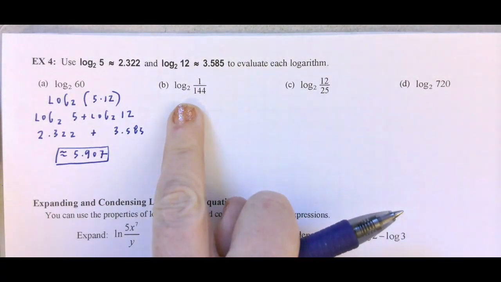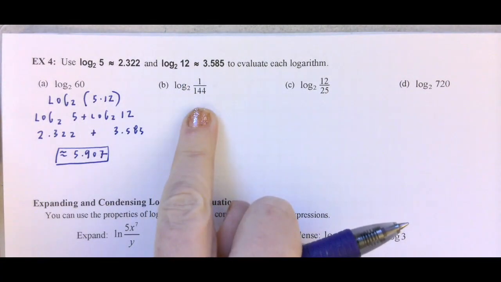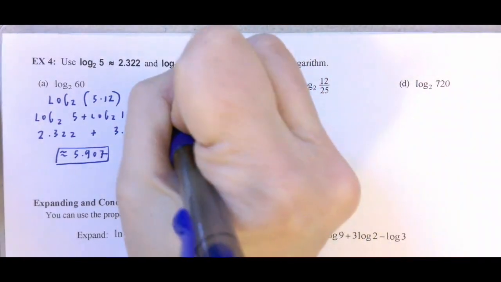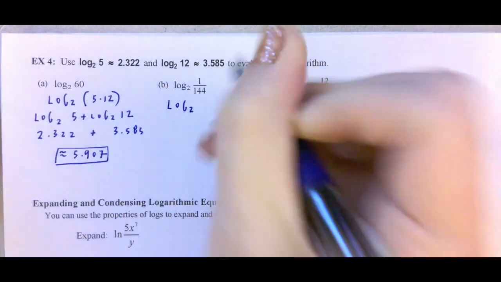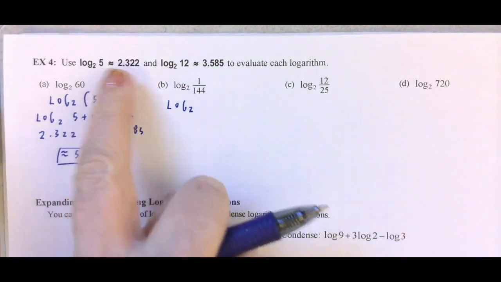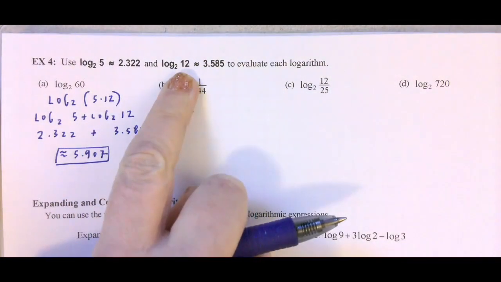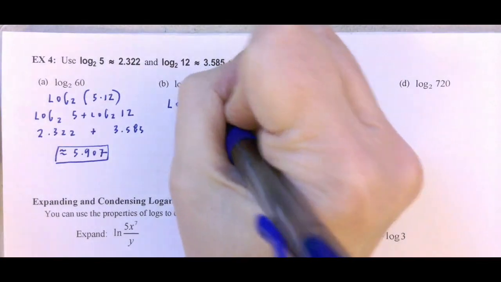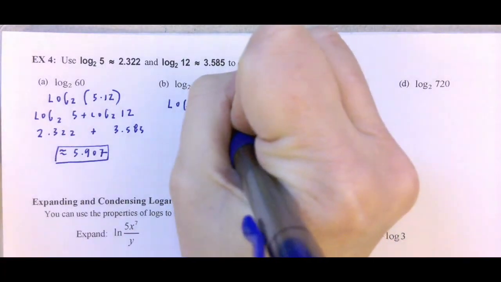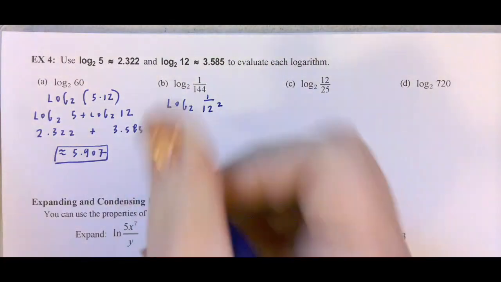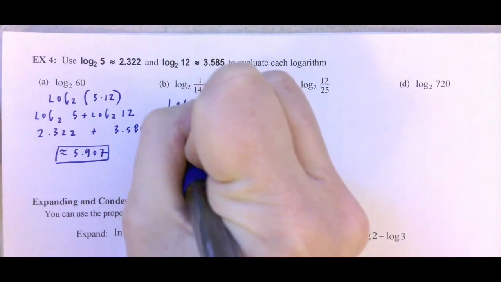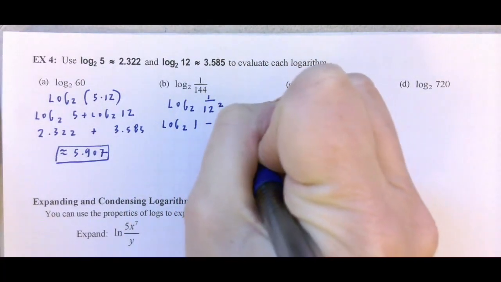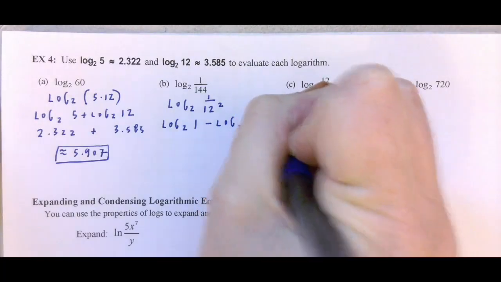Okay, here in B, I have 1 over 144. Well, 144 is really 12 squared. So again, I'm trying to think, how can I use the 5 and the 12 in the argument position, right, to simplify it? So log base 2 of 1 over 12 squared, okay, which is then going to split into log base 2 of 1 minus log base 2 of 12 squared.